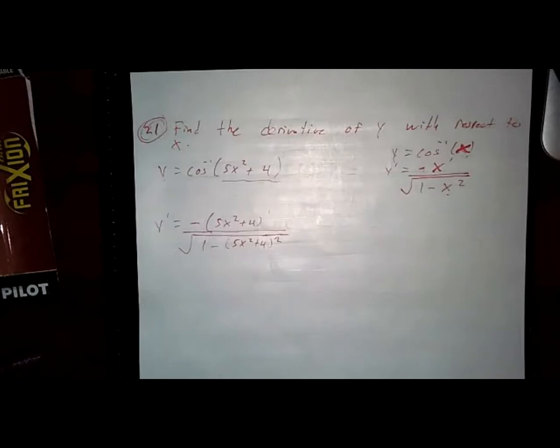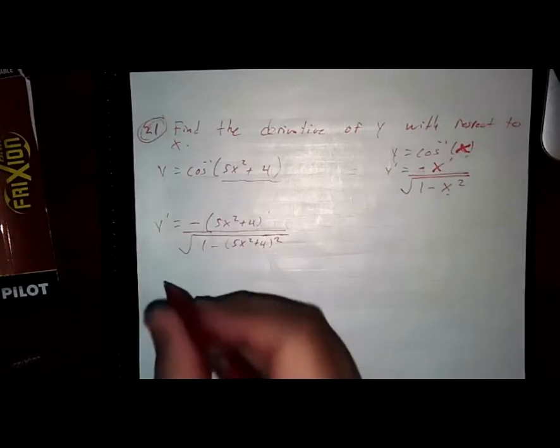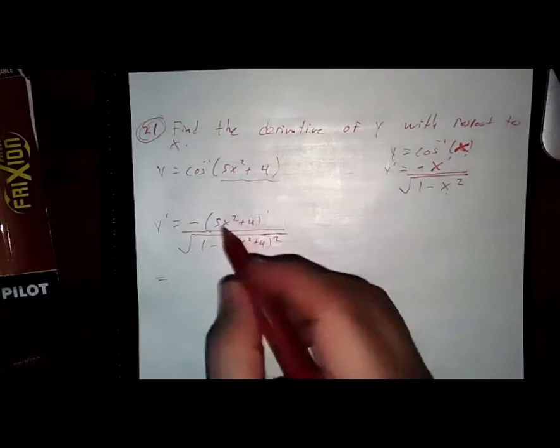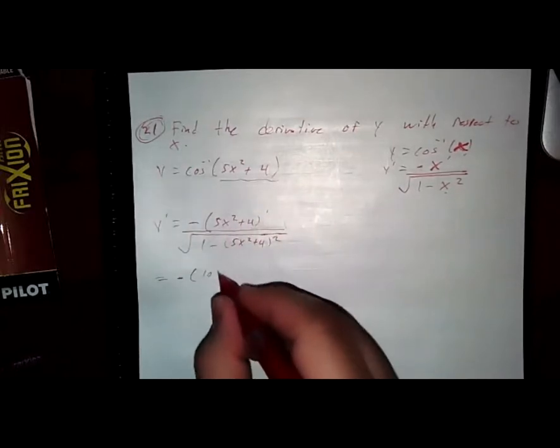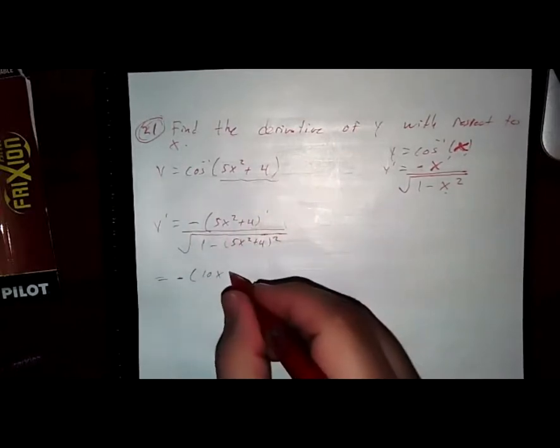Does that make sense? I'm just following the formula verbatim, right? The formula actually takes care of the chain rule for you, which is kind of cool. So just do this derivative and you're done. So that would be what? Negative 10x. Yeah, that's it.